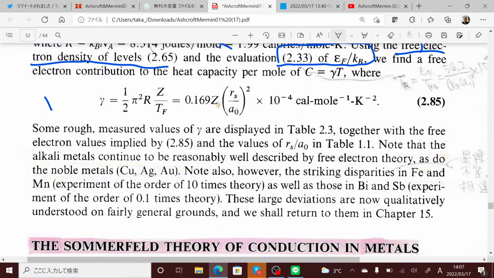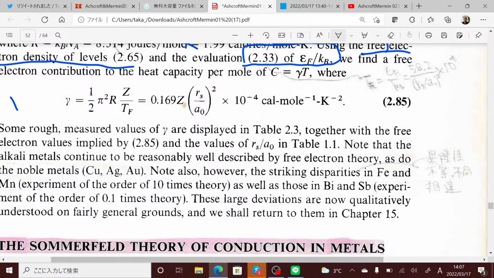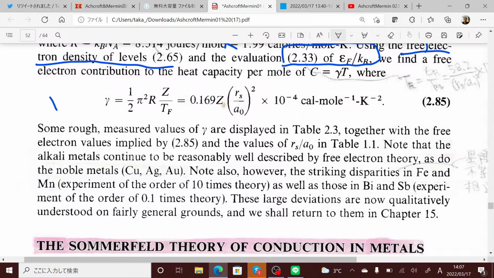Note also, however, the striking disparities in iron and manganese, experiment of the order of 10 times theory, as well as those in bismuth and antimony, experiment of the order of 0.1 times theory.